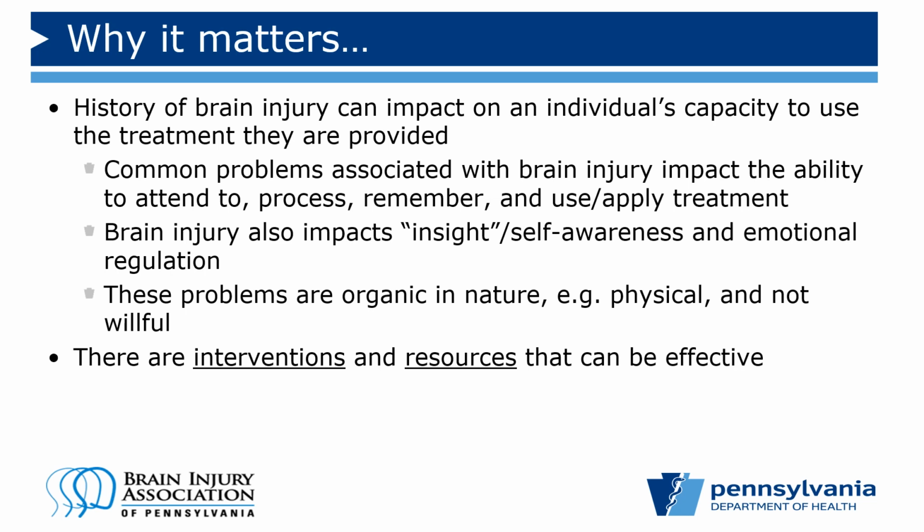It also can impact their level of self-awareness or insight and their ability to regulate their emotions. And the problems that come from brain injury come from an organic place. The brain is an organ, so the problems are physical. They're not willful. The other reason that it's really important is that there are interventions and resources that can be effective. And it's critical that we connect the individuals with these histories to the appropriate stream of care.